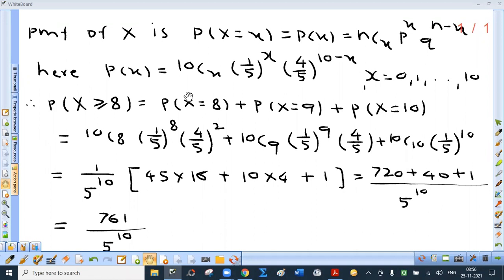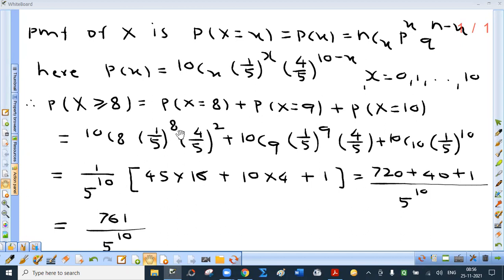Now what is the required probability? Probability that the student gets 8 or more questions correct. That is P of X greater than or equal to 8. That is P of X equal to 8 plus P of X equal to 9 plus P of X equal to 10. Substitute 10C8 and so on. Now I have taken (1 upon 5) raised to 10 common because in each term that term is there.